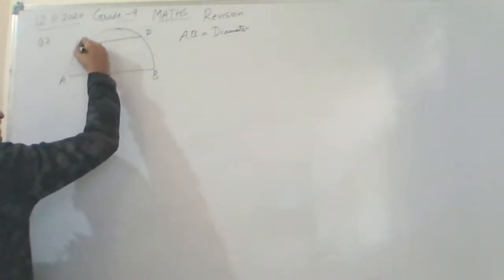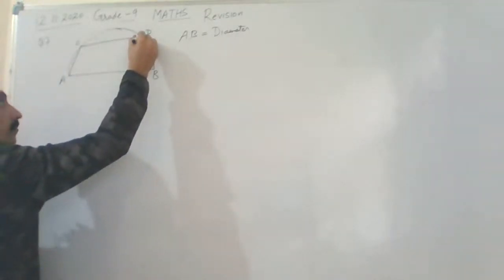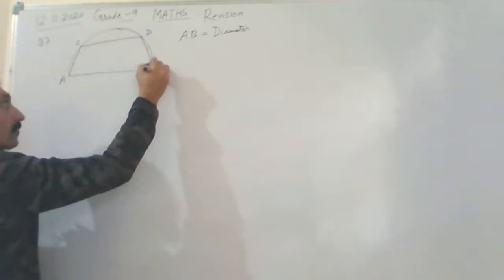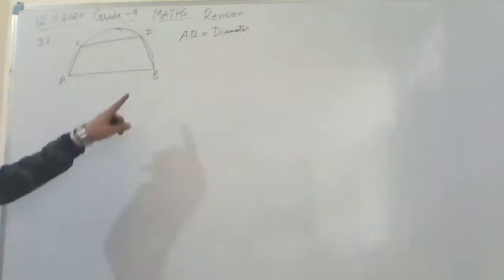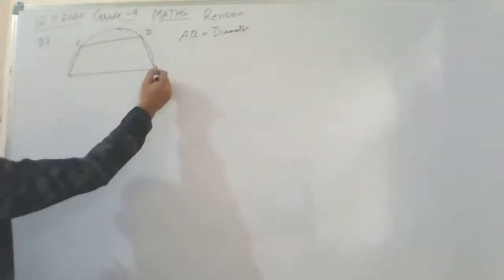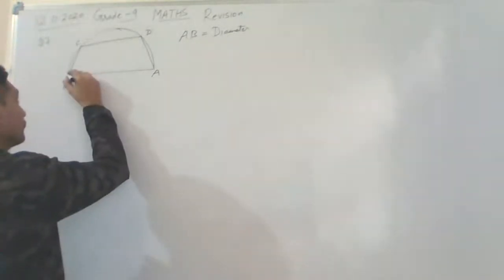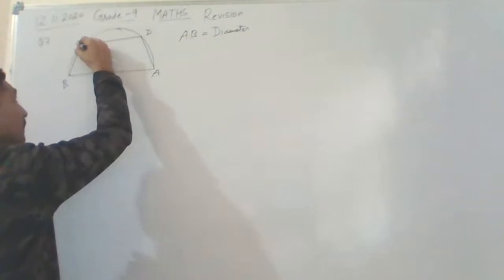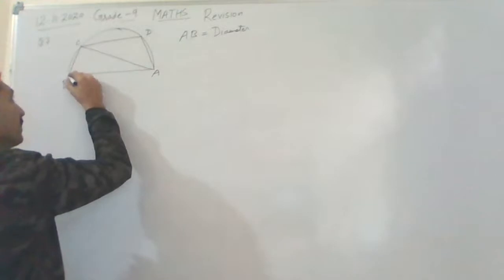Join first A with C. Make it a cyclic one, then it is A, B, C, D, right? Now join the diagonals here, A with C and B with D.